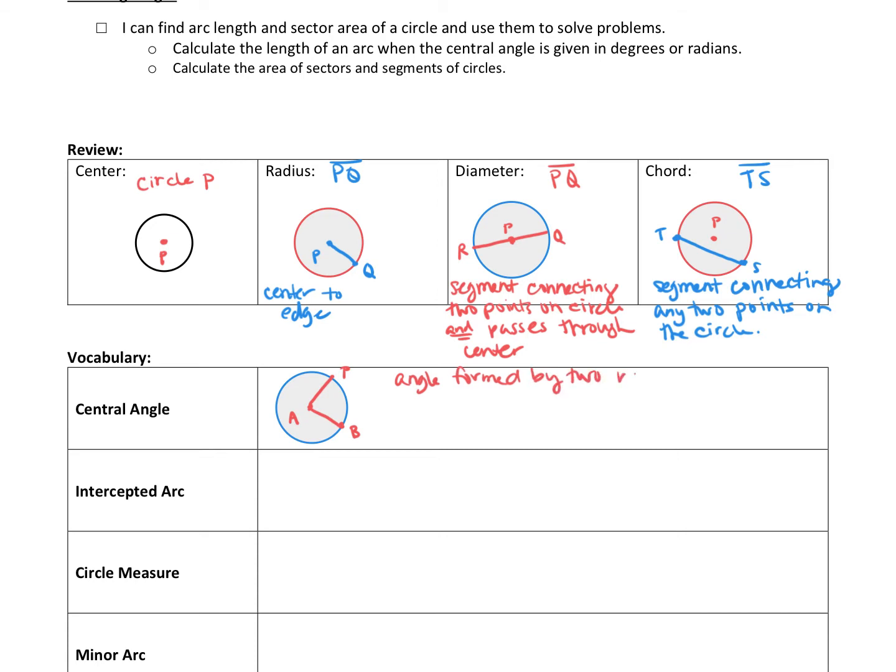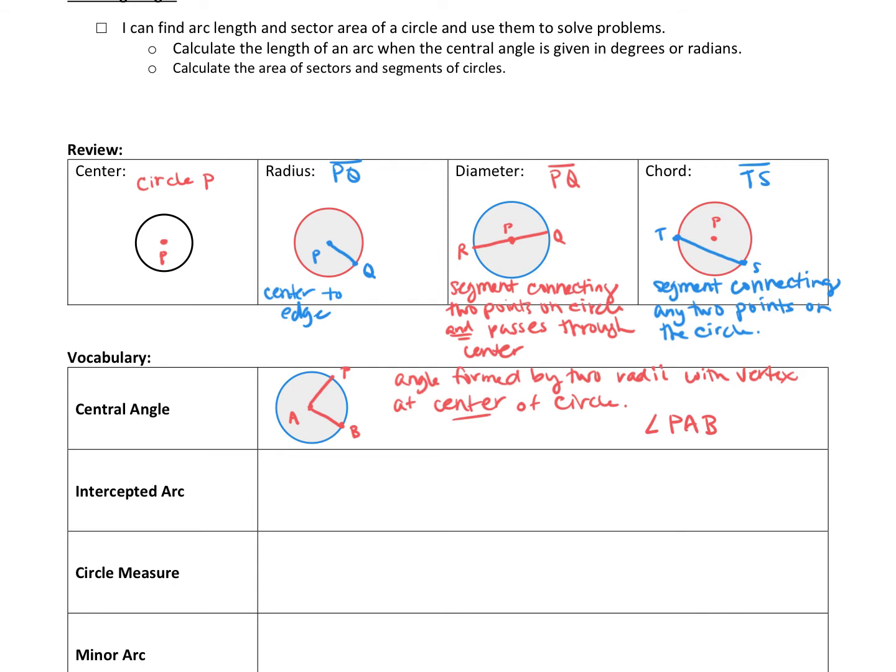So radius is 1, radii is 2, plural, with the vertex at the center of the circle. That's why we call it a central angle. So in this case, our central angle is angle PAB.